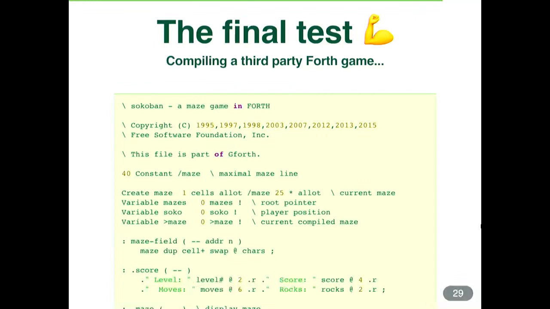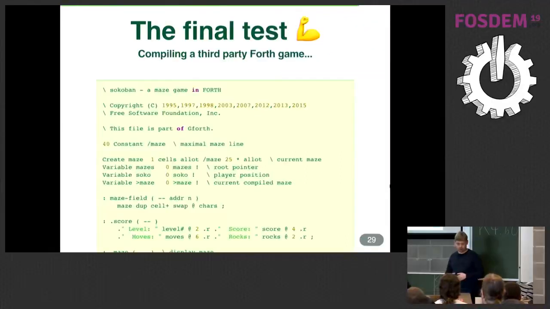So we decided to find a third-party Forth program, and this is Sokoban. It's quite old. It's included in the GBForth implementation, and it's, well, Sokoban, if you're familiar with it. Quite simple game.